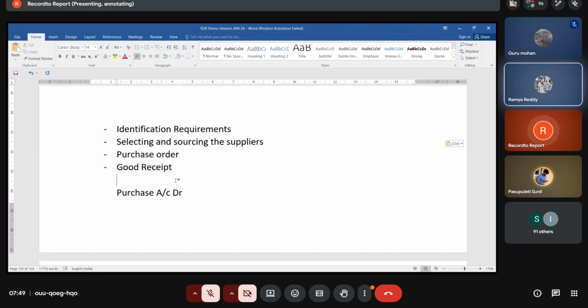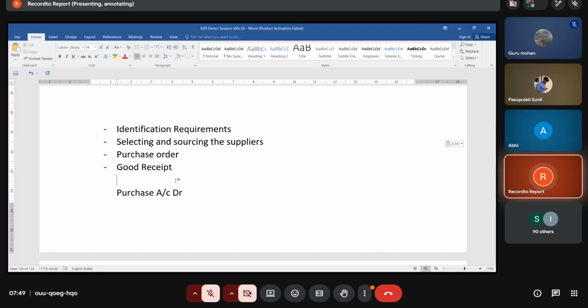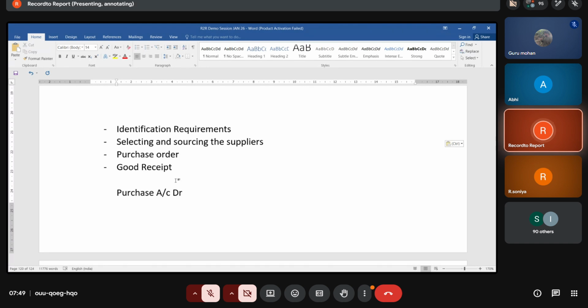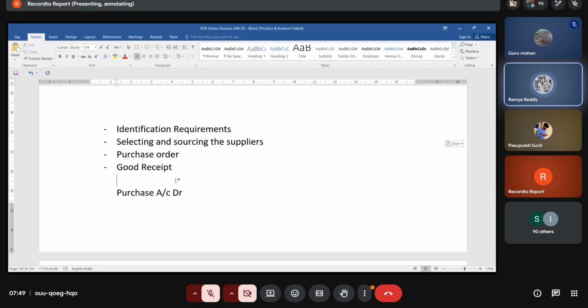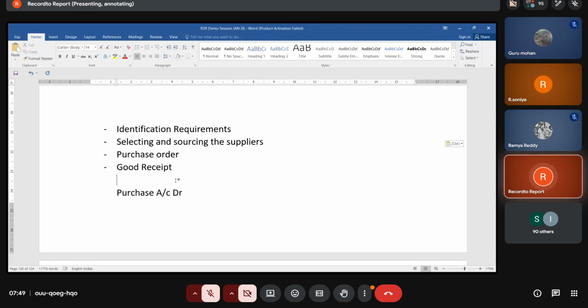Once the goods are delivered, what is the entry to be recorded, guys? Purchase account debit to GRIR account. Once the invoice is received, what is the entry to be recorded?